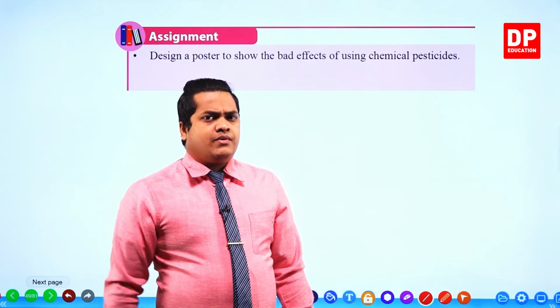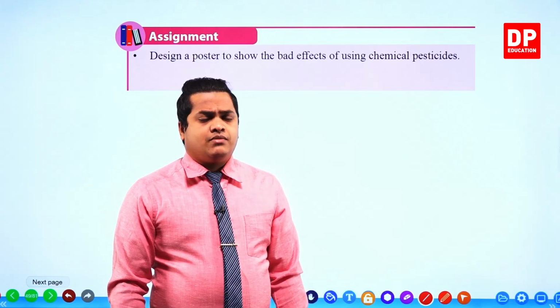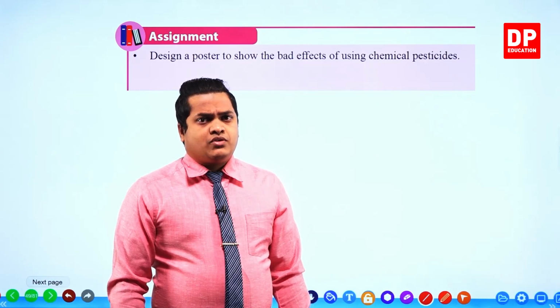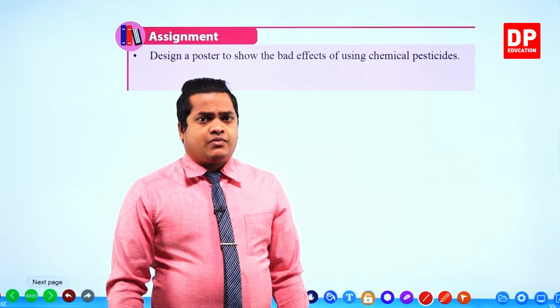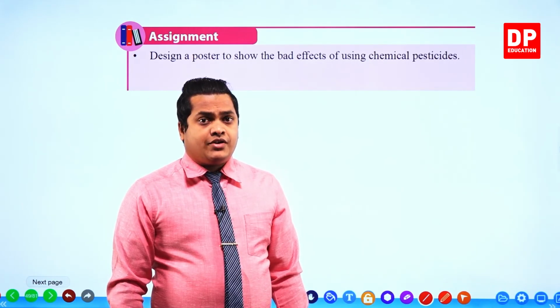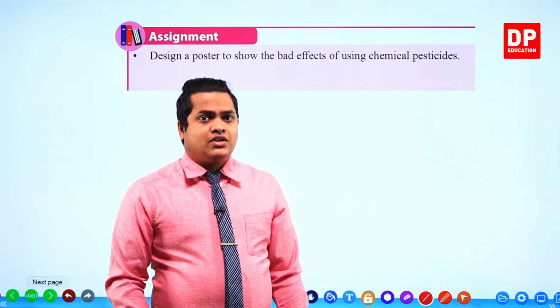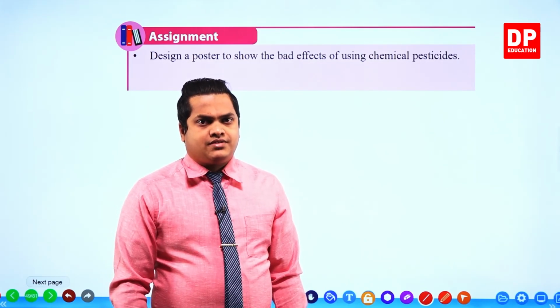So find out about these things, my dear children. It's important for you to study these things, because you are the ones who are going to take our country to a better position in the near future. You should have the ability to select the most accurate methods, especially environmentally friendly methods.